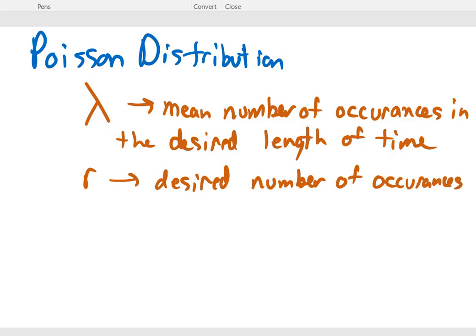Now there's also in this formula going to be the letter e. Remember, e is a natural constant.